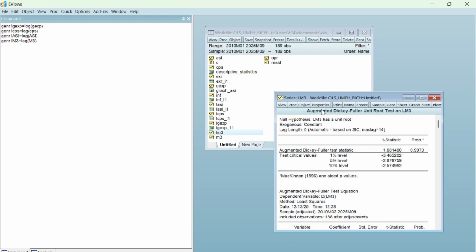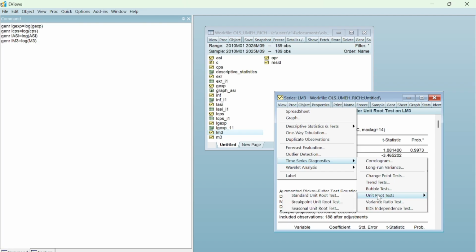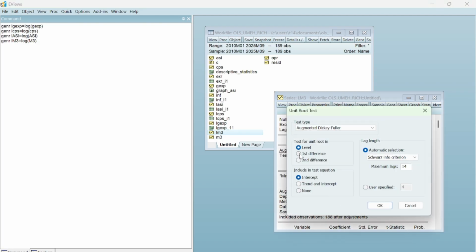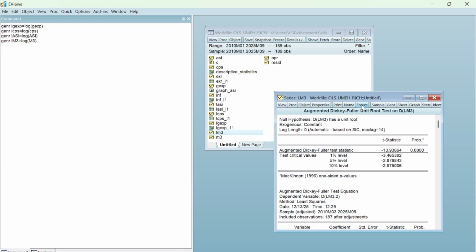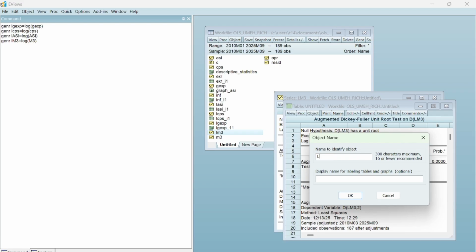We saw that it's not significant. Then we'll try another one at first difference. We'll try it at first difference. What did you see? It is significant. So you freeze it and then you name it, which is lm3 underscore I1.